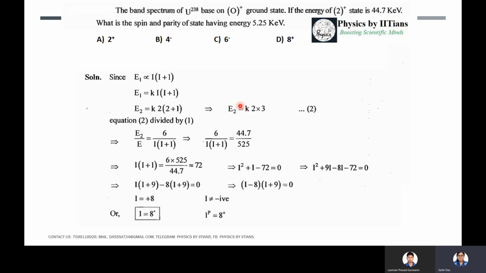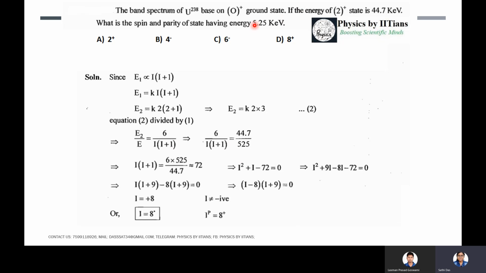So take this ratio, that is E2 by EI equals 6 divided by I into I plus 1. So you get 6 divided by I into I plus 1 equals, here E2 is 44.7 keV.